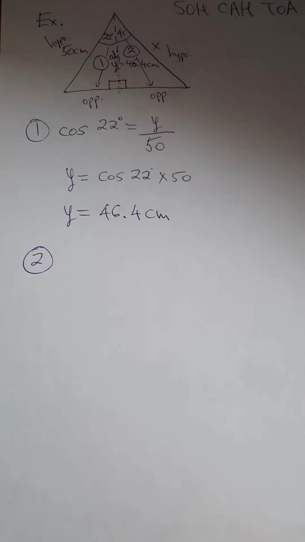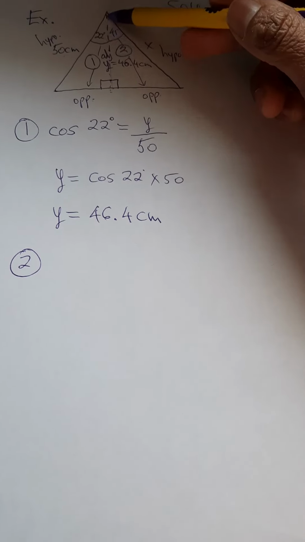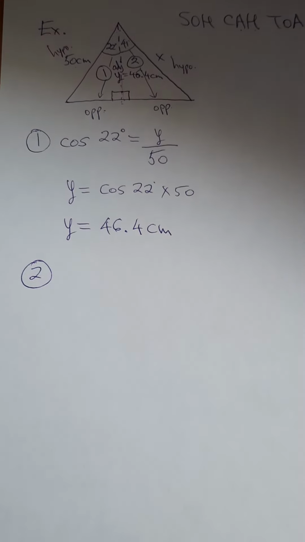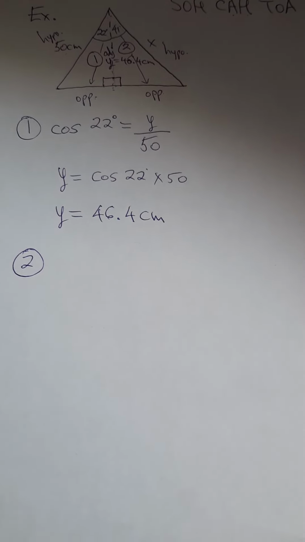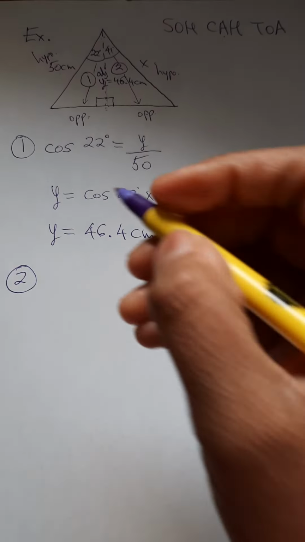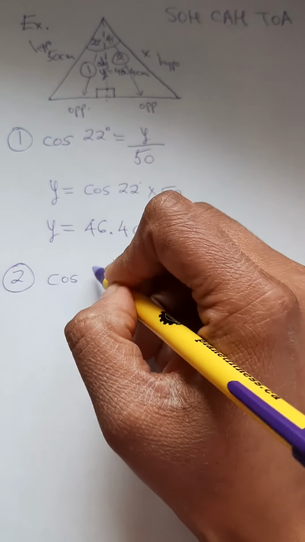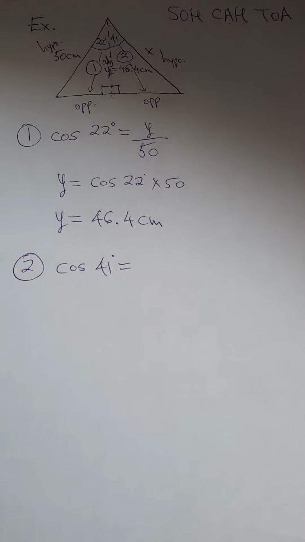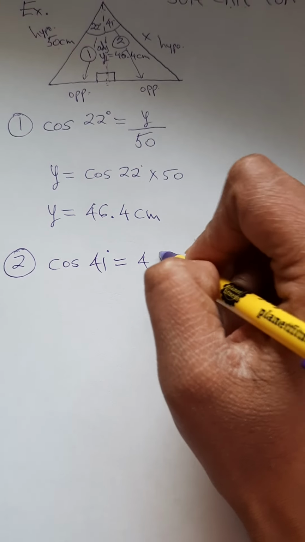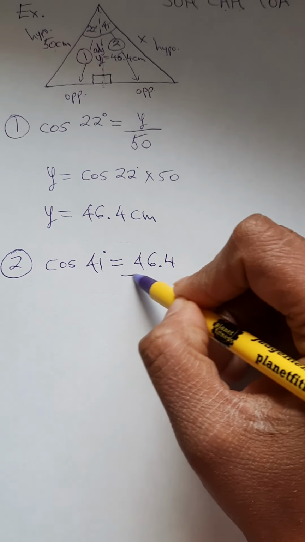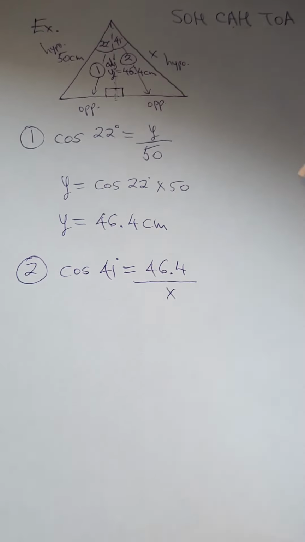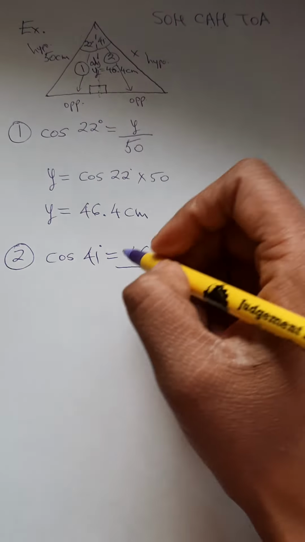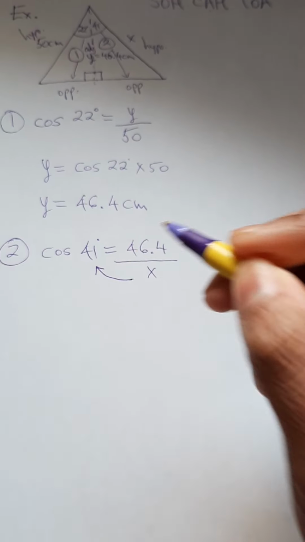I'm just going to use the adjacent side here that I just solved for in part 1. And I'm going to use the hypotenuse because I'm looking for the x value. Does everyone see that? So one more time, cos of 41 degrees equals the adjacent side, which we solved for, so 46.4 over x, which is the hypotenuse. In this case, again, I see that the x value is on the bottom.